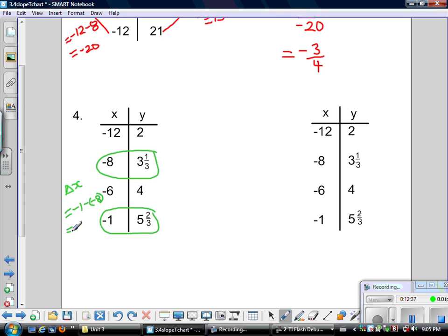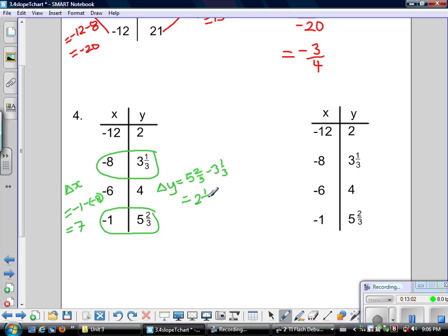So that's a 7. And my delta y's in this case would be, I think you can do it. So we have 5 and 2/3. And I'm going to take away 3 and 1/3. So this really isn't that bad. You can do it. So I end up with 1/3 left over. So I end up with 2 and 1/3.